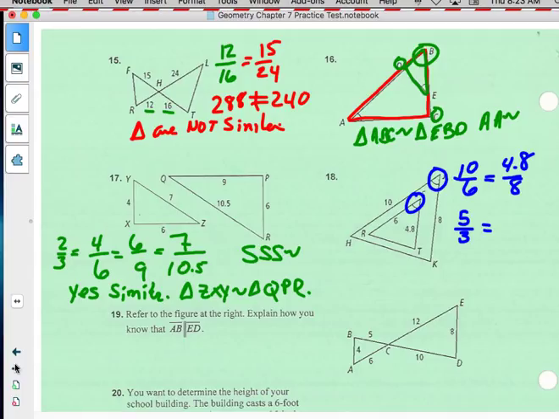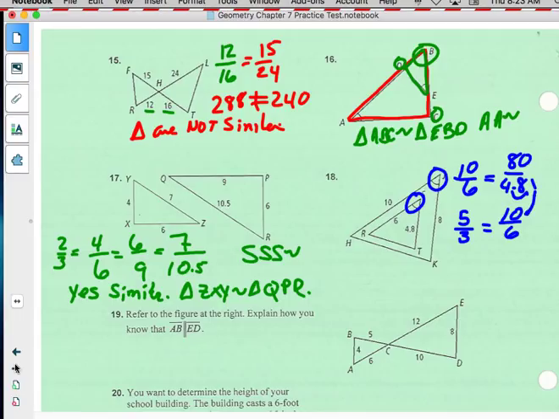And did I set that up? Ooh, nope, I screwed that up. That should have been 8 on top, because of the inside, so it should have been 8 on top, 4.8 on the bottom. And now I'm looking at this. If I move this decimal once, this is 80 to 48, and 8's in both of them. So I could go 10 to 6, and that would also be 5 to 3 as well.